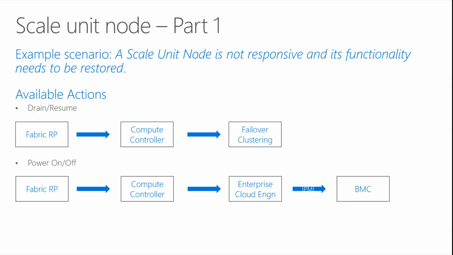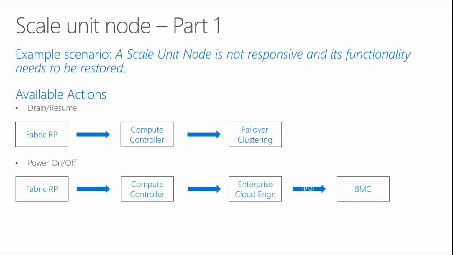Another example: a scale unit node is not responsive and its functionality needs to be restored. Some of the actions are drain, resume, or power on and off. It all starts with the fabric resource provider talking to the compute controller. In the case of drain and resume, it works with failover clustering. In power on and power off, it works with the enterprise cloud engine, and then with IPMI, the Intelligent Platform Management Interface.